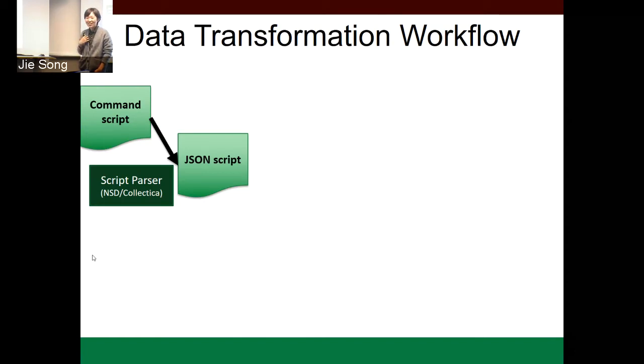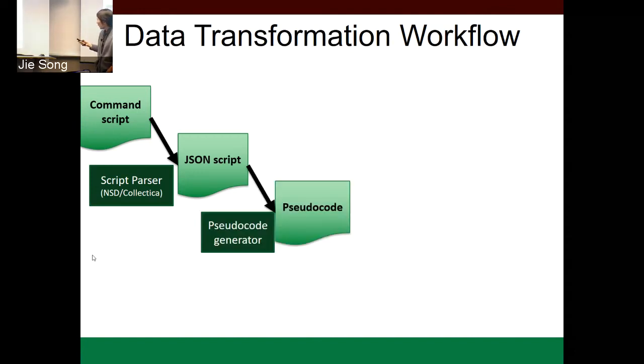That may be too computer science oriented. Yeah. So basically, it will convert it into SDTL. And then we'll have a pseudocode generator that provides a more natural language-like description of what the command does. So even though you don't understand one of the statistical languages, you will get an understanding of what this command is about.